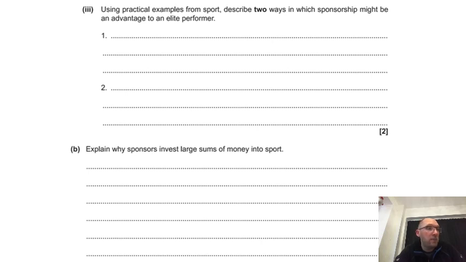It's given an example. Free clothing, equipment for wearing sponsored clothing, equipment, e.g. Andy Murray receiving free tennis rackets. Can fund transport, accommodation of facilities, entry fees, e.g. an athlete entering a national marathon competition.